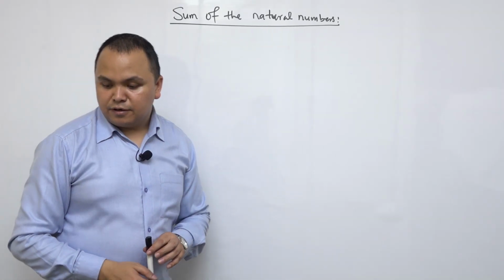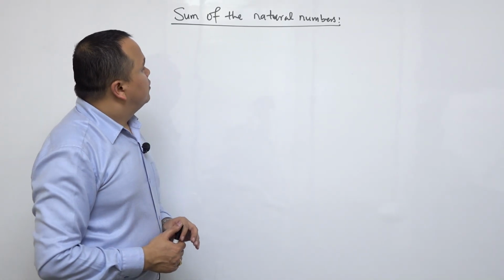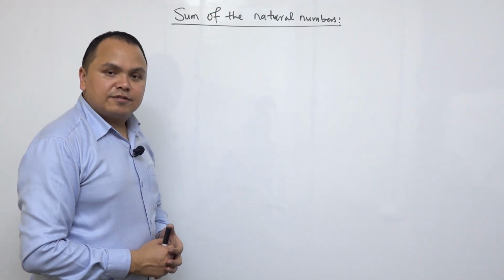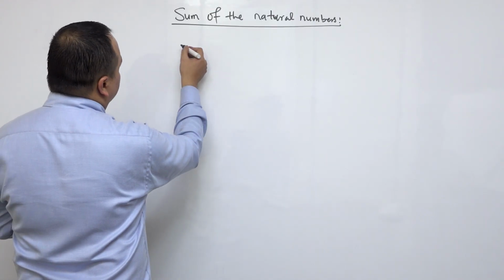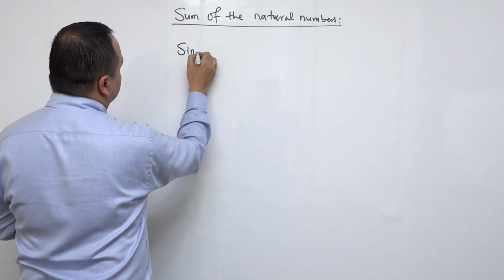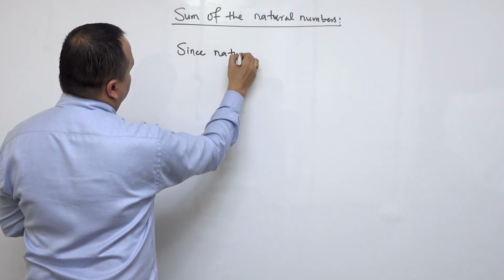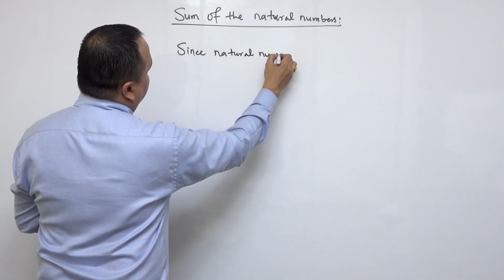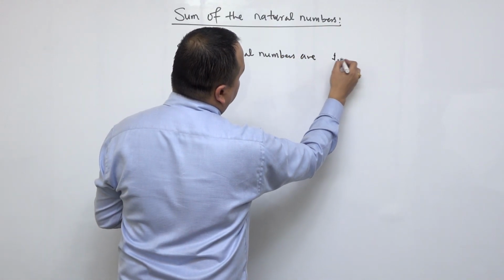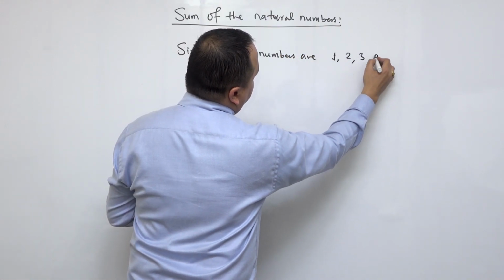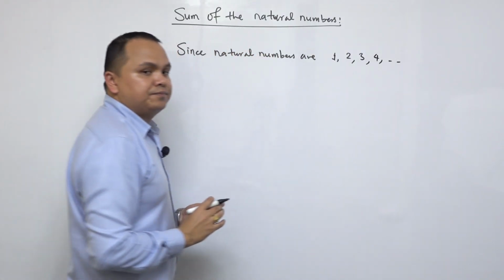Okay. Now the sum of the natural numbers. Since natural numbers are 1, 2, 3, 4, and so on.